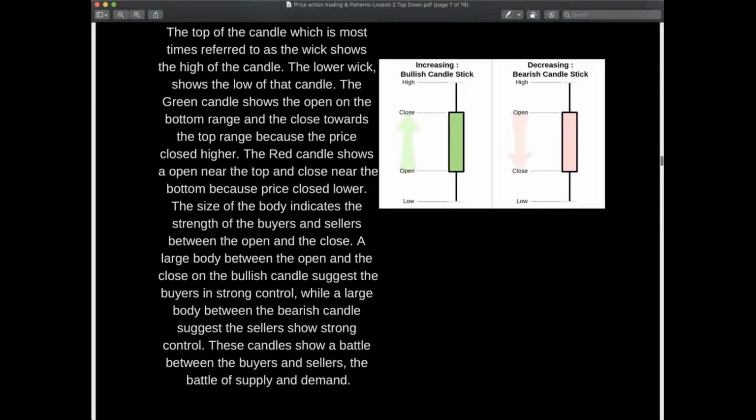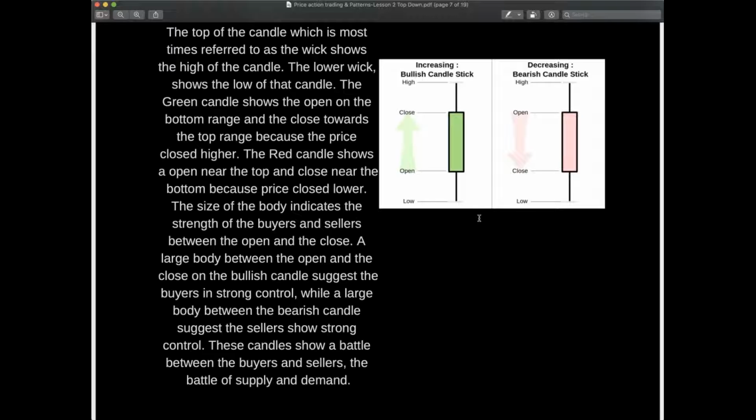The size of the body indicates the strength of the buyers or the sellers between the open and the close of the day. A large body on the bullish candle suggests the buyers are strong in this market, while a large body on the bearish candle suggests the sellers show their strength in this market. These candles show a battle between the buyers and the sellers, the battle of supply and demand.